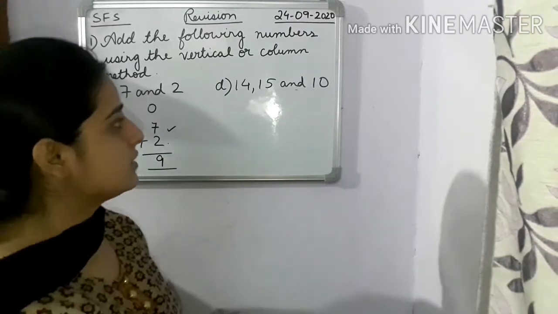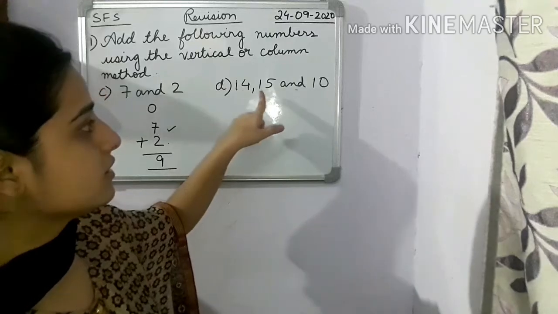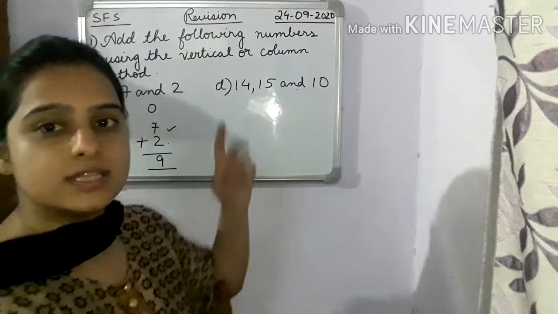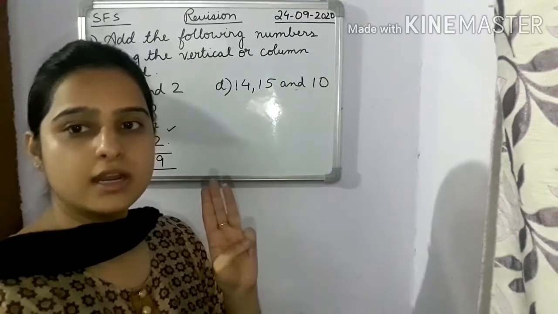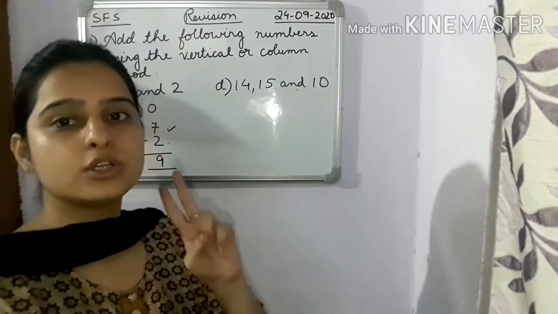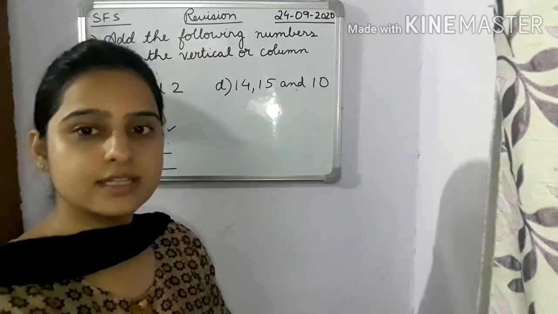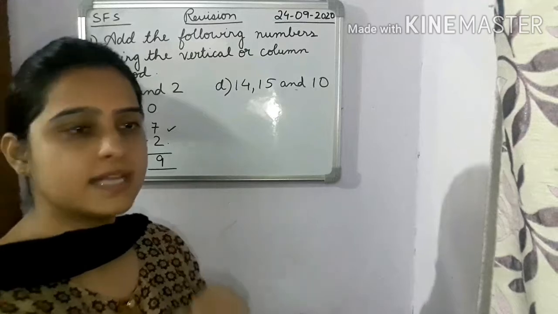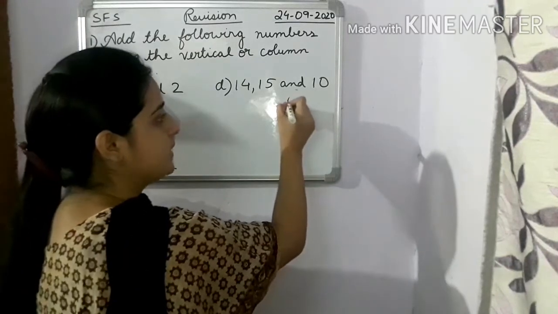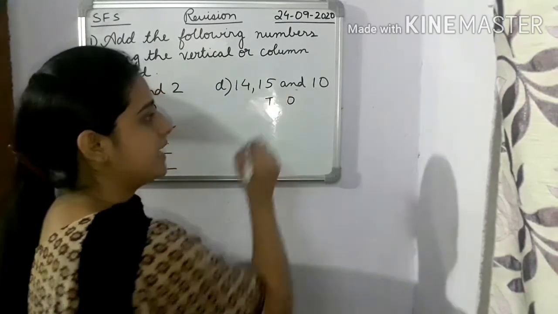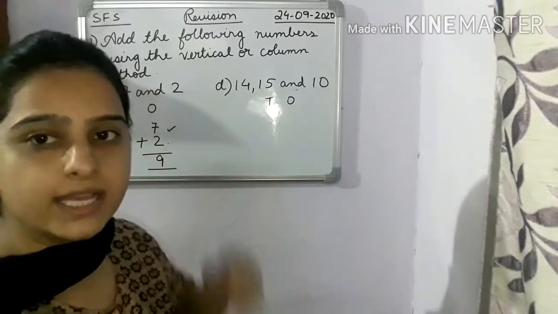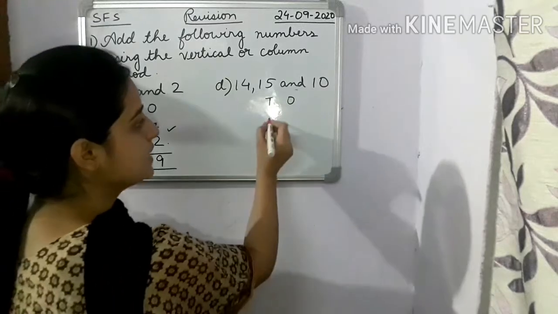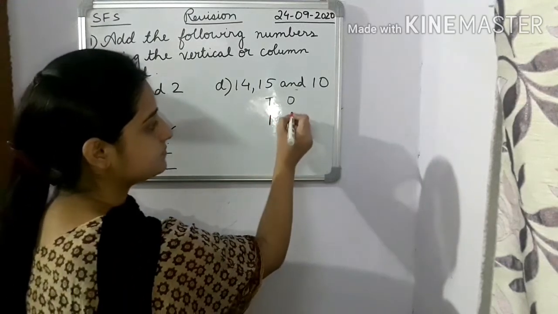Let's do next. Add 14, 15 and 10. So this is your 3 numbers of how many digits? 2 digits. We have already done this addition, isn't it? So how many places will be here? 2 places, that is 1's place and 10's place. Now we are going to arrange this in vertical method. So first we will put 14.